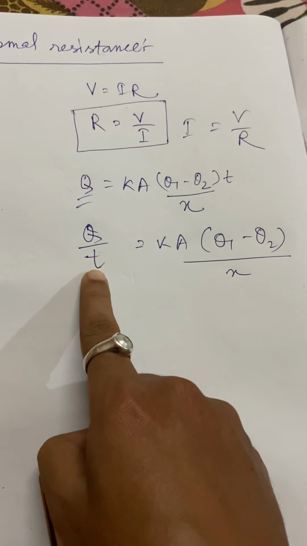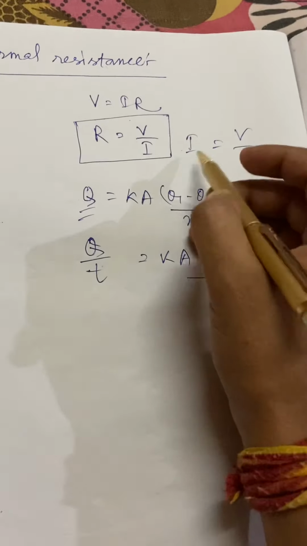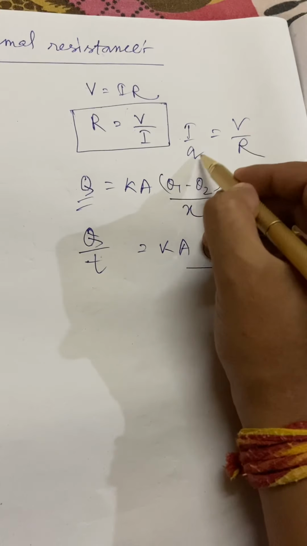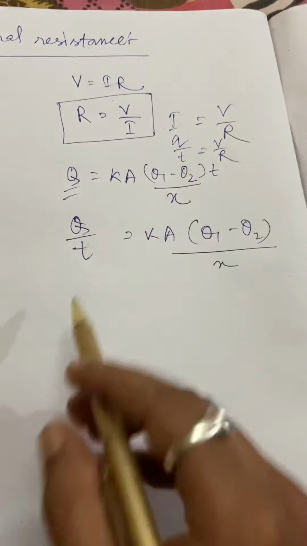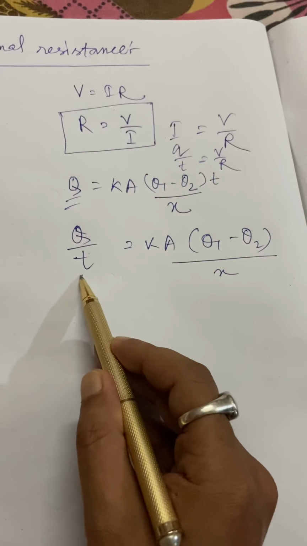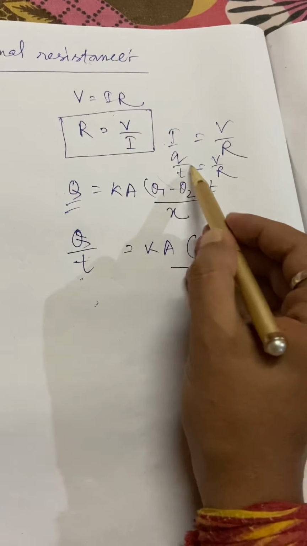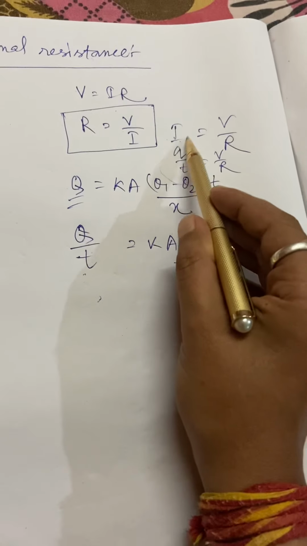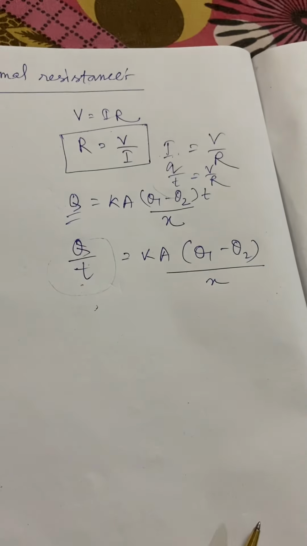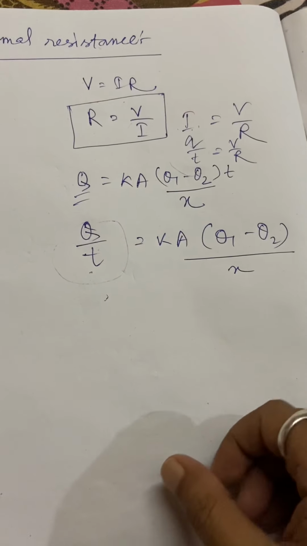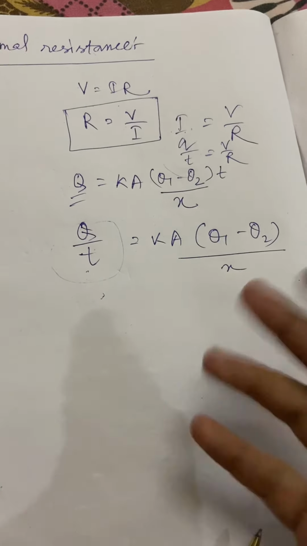This is also I equals Q by T. This is the rate of flow of charge and this is the rate of flow of heat. So if the rate of flow of charge is electric current, then the rate of flow of heat is what? This is a heat current.